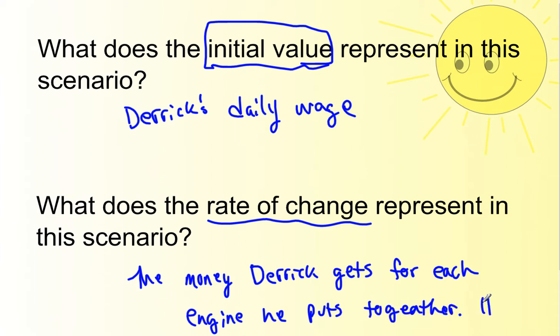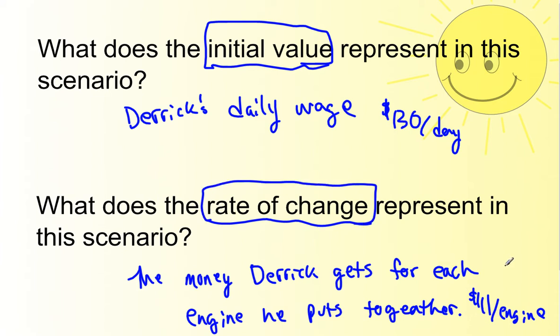And so he gets $11 per engine, and he gets paid $130 every day. So $130 a day and $11 an engine. That's what that initial value and that rate of change mean.